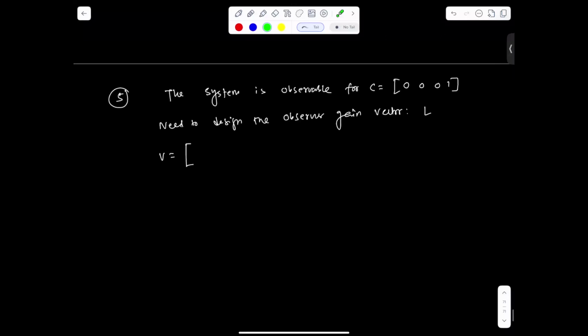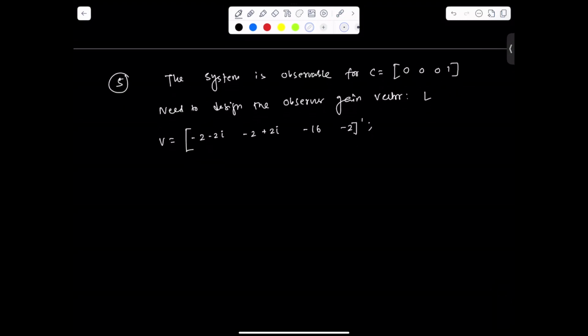So V can be formed as minus 2 minus 2i, minus 2 plus 2i, minus 16, minus 2, transpose.